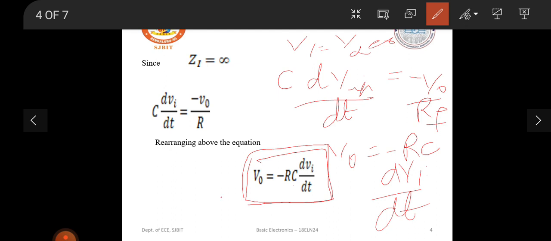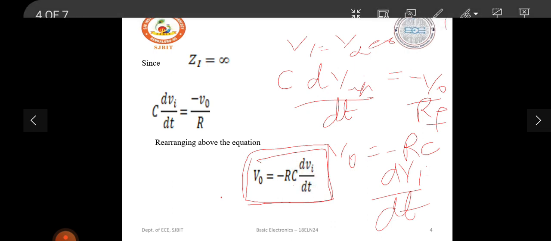The output voltage V0 is equal to R into C times, that is whatever the constants we have, the value of the resistance and the value of the capacitor, times the negative instantaneous rate of change of input voltage Vin.